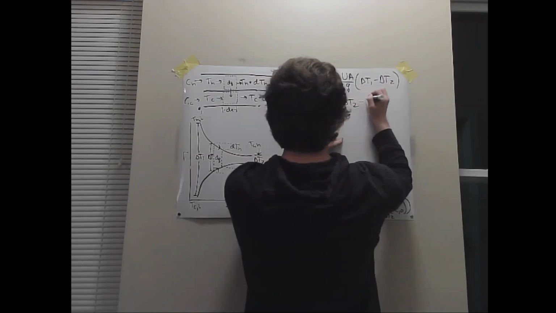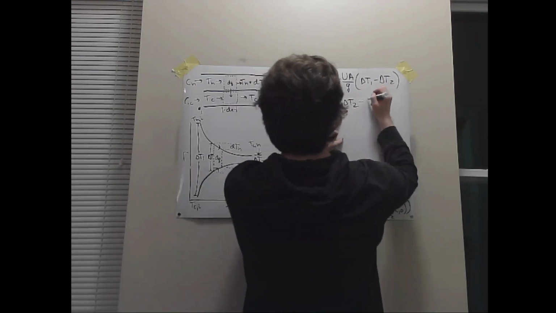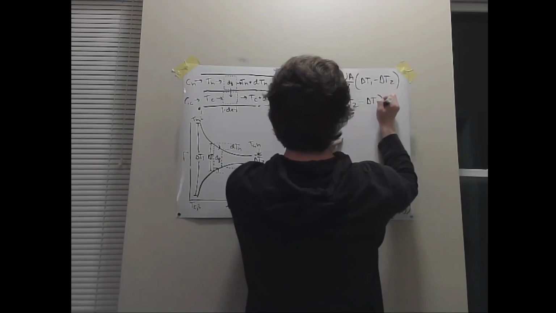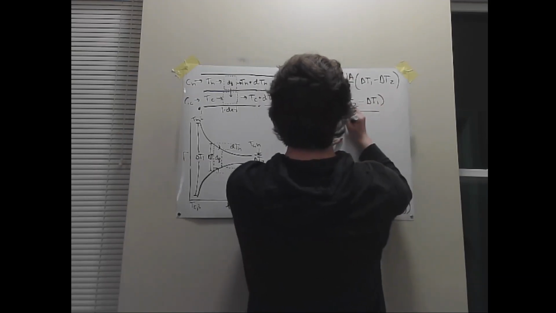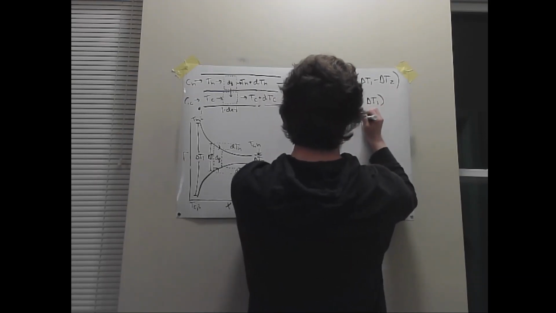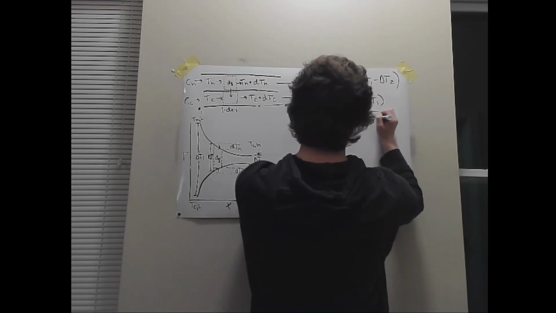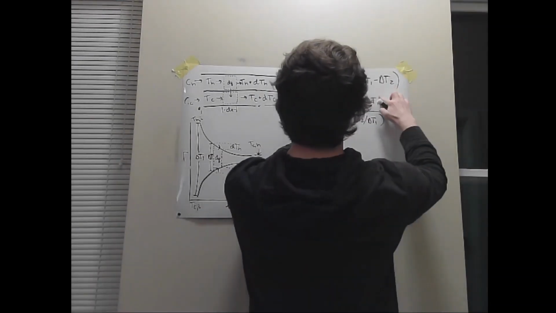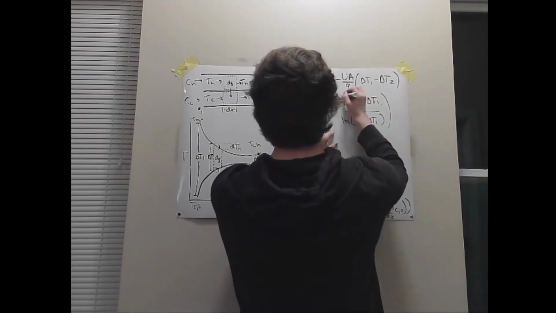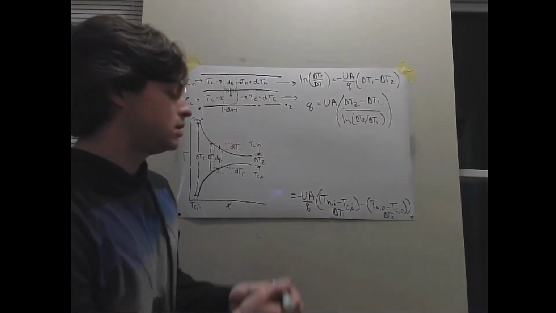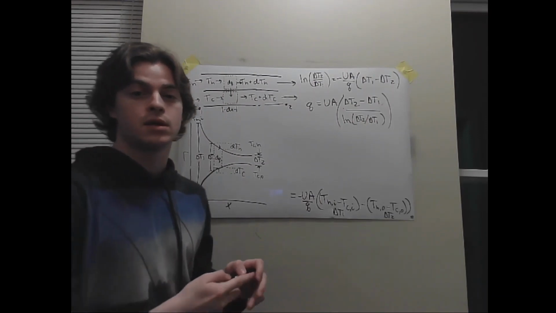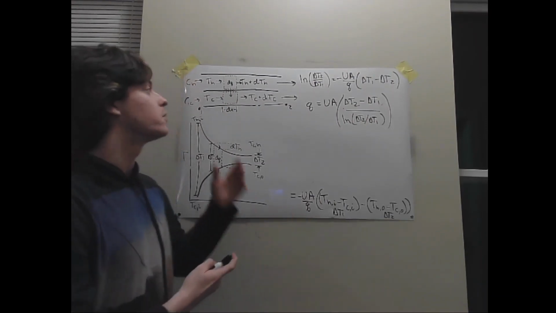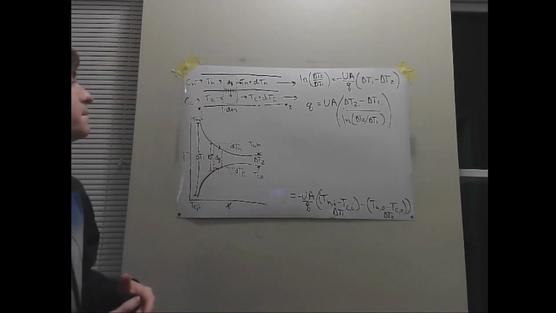So now it's delta T2 minus delta T1 over the natural log of delta T2 divided by delta T1. And so this is actually the equation for the heat transfer rate for this co-current heat exchanger.